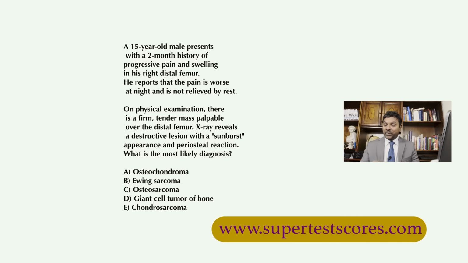That also helps, so you will be asked on this because it is the most common primary malignant bone tumor in children and adolescents. So in USMLE, you will be tested on the most common things. They want you to know the most common things and how to diagnose them.